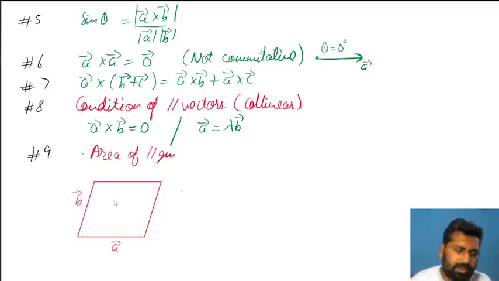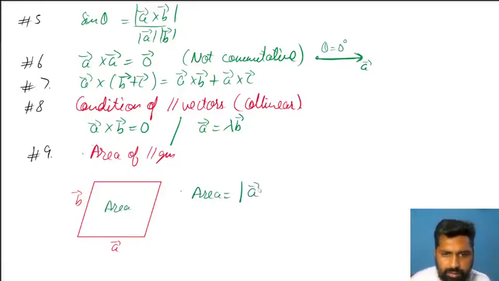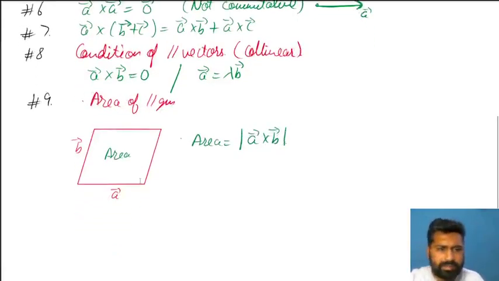Remember, I taught you addition of vectors. It was like this. The diagonal of this parallelogram will be your resultant, A plus B. Suppose you want to calculate the area of that parallelogram. Area is given by the magnitude of A cross B. So the cross product gives you the area of the parallelogram created like this, in terms of vectors.